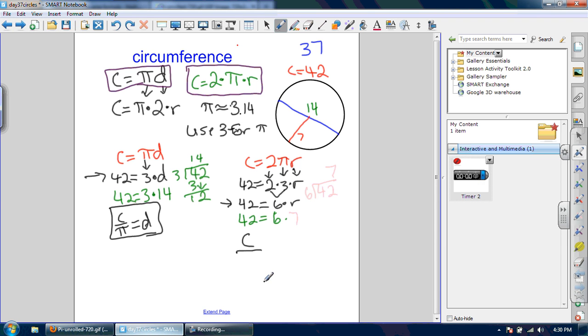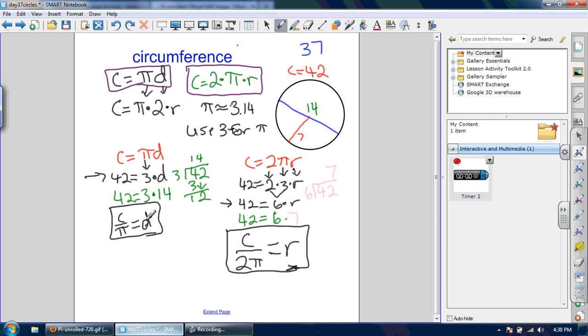So I'm not going to write divided by 6. I'm not going to write divided by 2 times 3. I'm going to go right back to our original formula. So I'm going to write C divided by 2 pi. So we take the circumference, we divide it by 2 times pi, we divide it by 6, and we always will end up with this radius. Isn't that handy? Right? Maybe not.